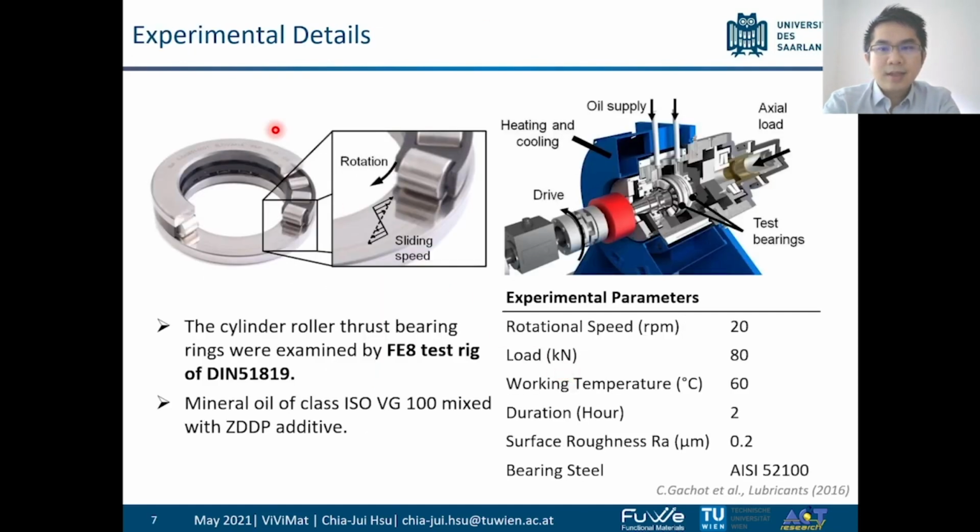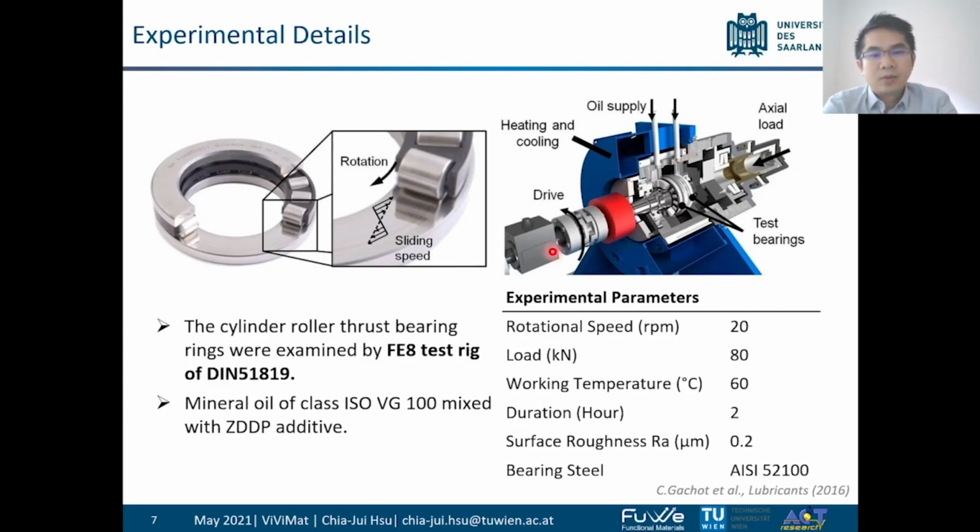So in our study, you can find the experimental details here. This is how we generate the ZDDP tribo layer. The upper left here is a thrust roller bearing composed of an upper and a lower bearing washer, and the middle is a set of rollers, and we put the bearing set into the test rig.